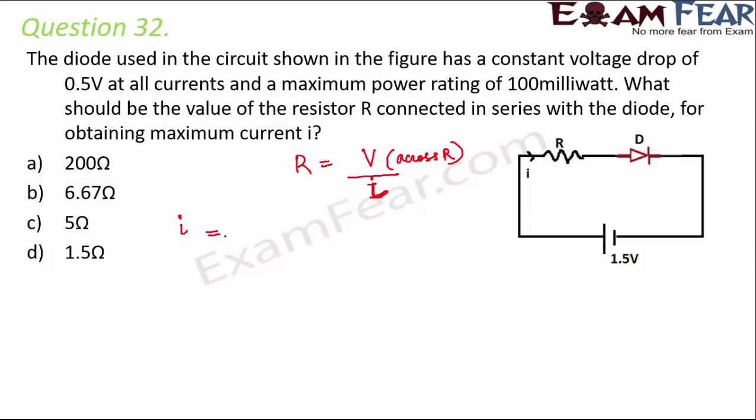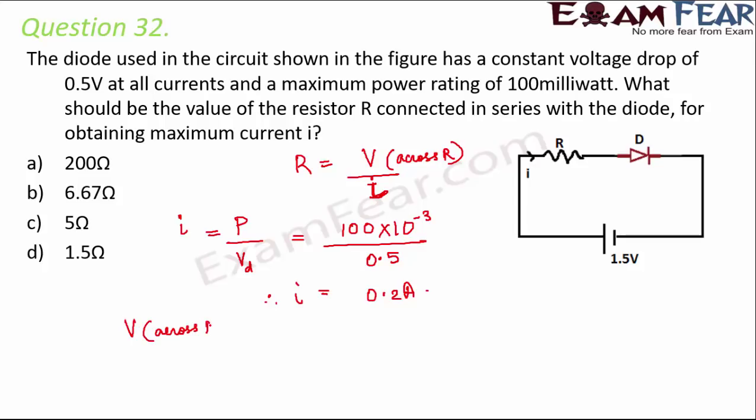Here in this question power is given, right? So in terms of power, current will be equal to power divided by the voltage drop across the diode. So this is the diode. Power is 100 milliwatt, that is 100 into 10 to the power minus 3 watts, divided by the voltage drop across the diode, 0.5 volts. Therefore current will be equal to 0.2 ampere. Now what will be the voltage across the resistance R?